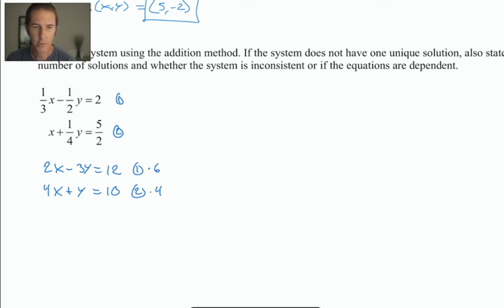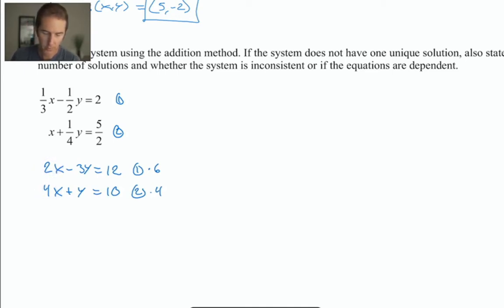What modification do we need to make from here so that when we add these things together, something will cancel out? These numbers are pretty convenient. We could take the 2 in front of the x, multiply that equation by negative 2, which would make it negative 4x, which would cancel out with the positive 4x.